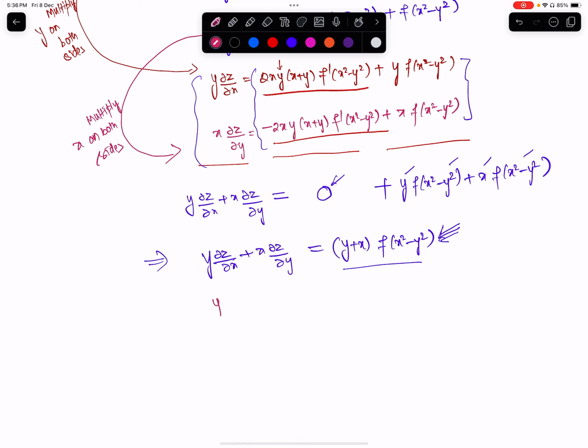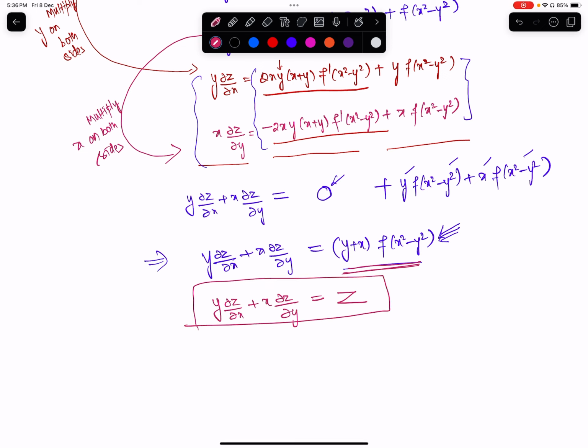So y ∂z/∂x plus x ∂z/∂y is equal to z, as given in the question. Finish. This is the required PDE after eliminating the arbitrary function.